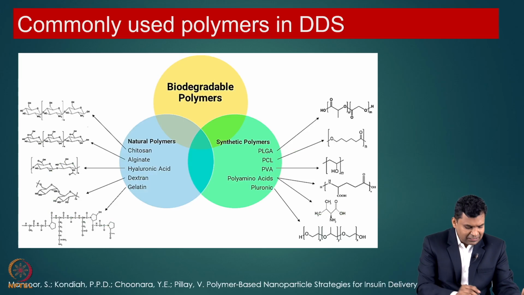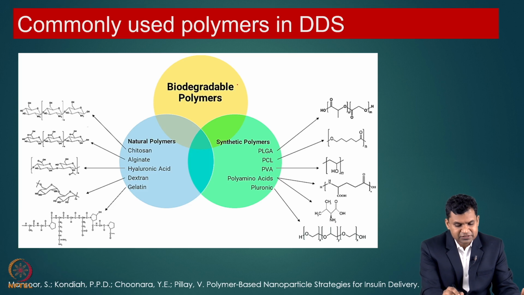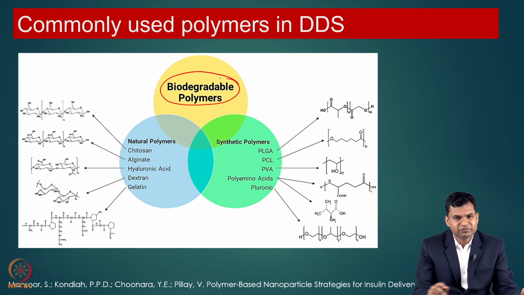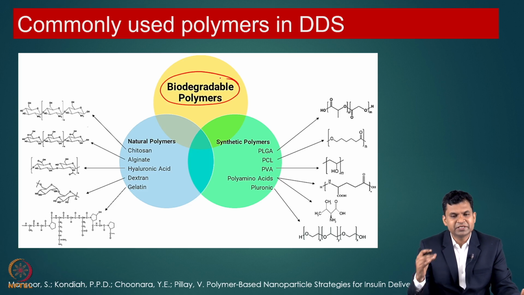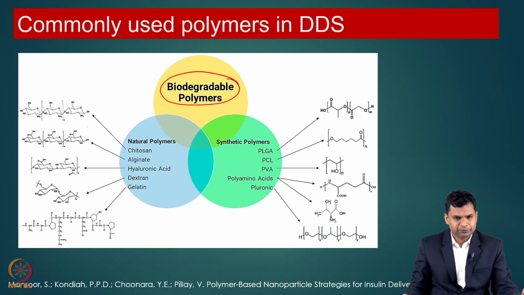In our previous class we discussed these various biodegradable polymers. We saw the classification based on nature, the classification based on biodegradability, and also the classification based on stimuli responsiveness.